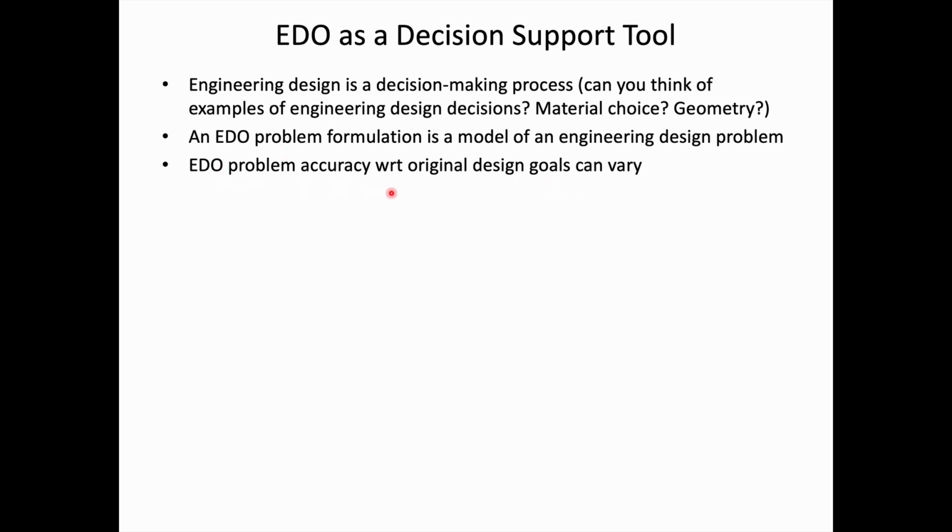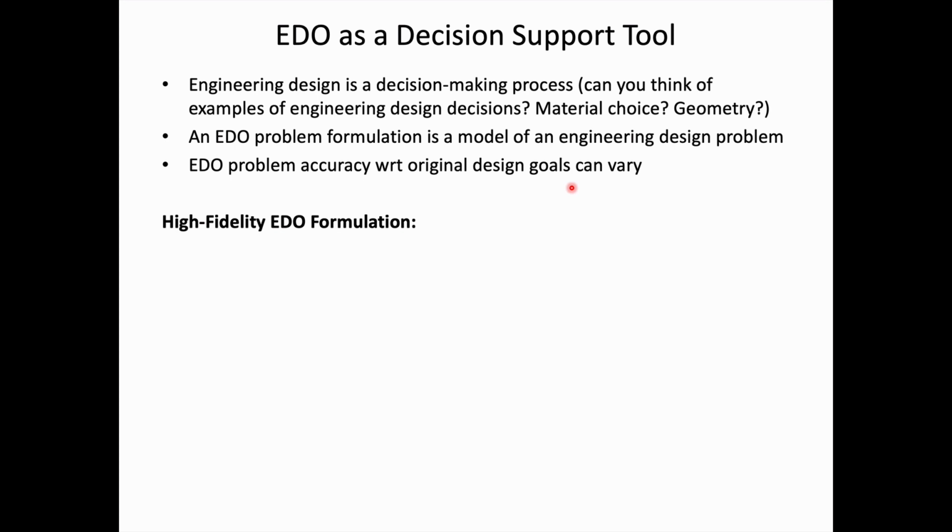So going along with what I just described about the accuracy of this formulation from the perspective of the original design problem, that can be either very accurate or less accurate. And let's talk about different levels of problem formulation fidelity.